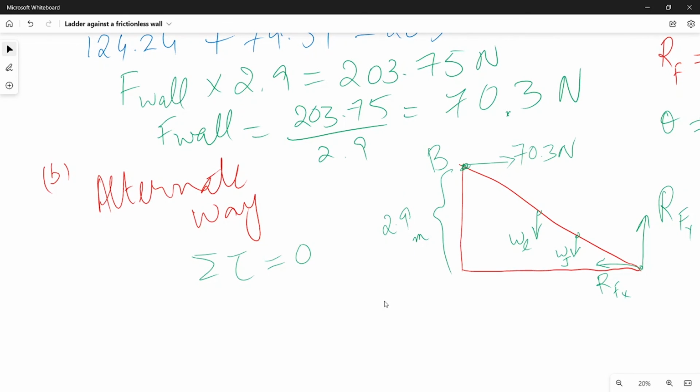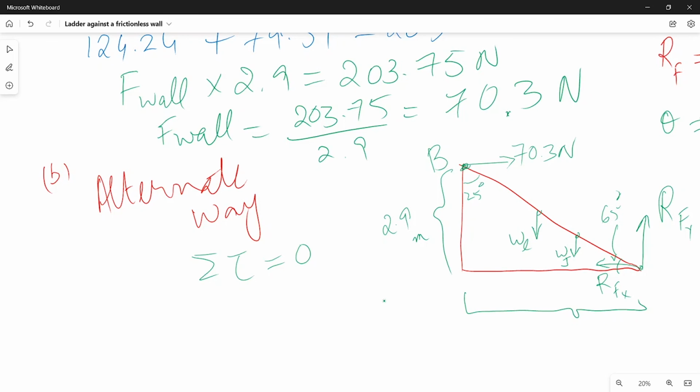Similarly, we can find the distance between the wall and the ladder. This angle we knew was 65, and this we knew was 25 degrees.